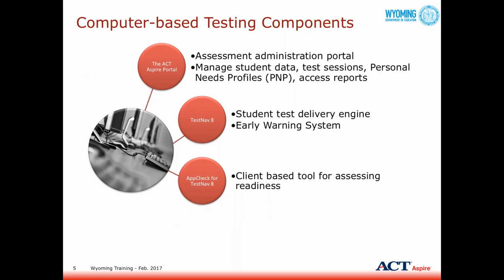What it does is it checks the connection between the student's device and the Proctor caching server. And it also checks the connection between the student's device and the ACT Aspire scoring system. So we'll review that here a little bit more in depth.